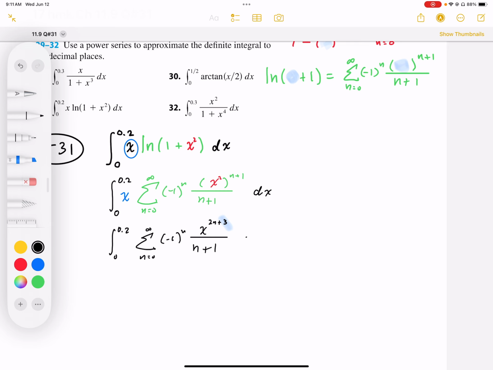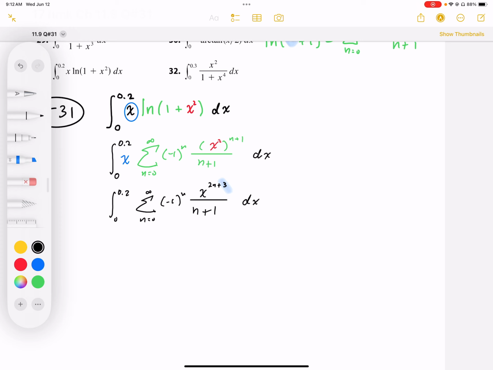And then we're going to integrate this expression. So integrating this, we're going to have negative 1 to the n, and the n plus 1 outside the integral as well, because we don't need to integrate that. We're now just going to apply the power rule to the x power.